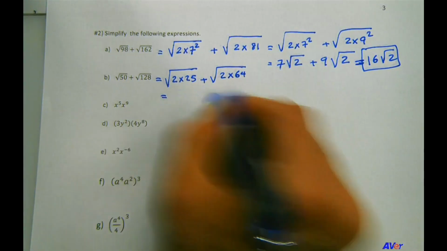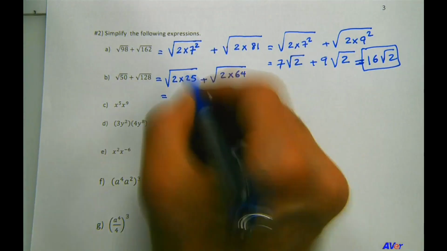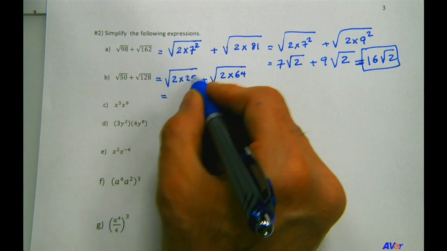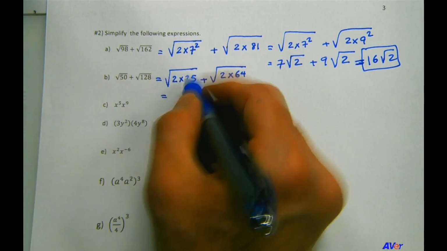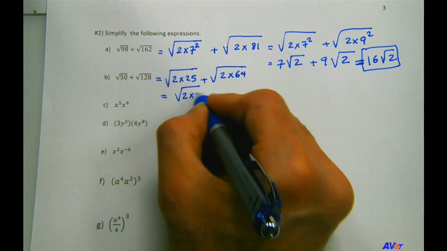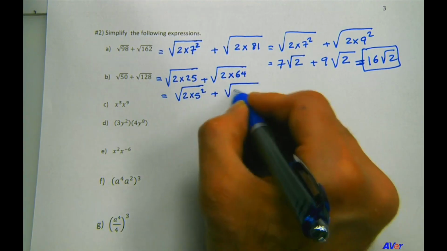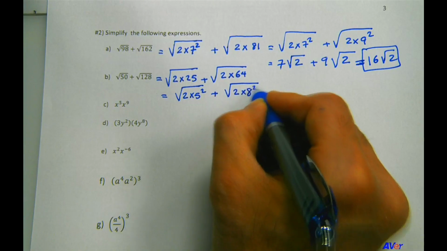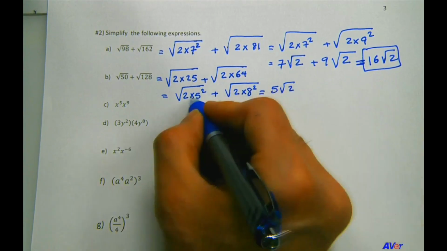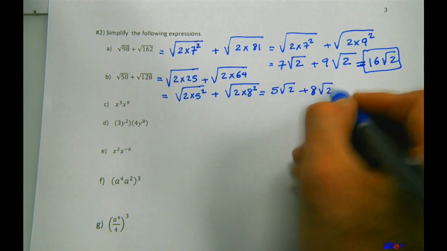So now we can rewrite the 25 and 64 as perfect squares. We like that because this is a square root. So anything to the second power can leave the radicand. So we have square root of 2 times 5 squared plus square root of 2 times 8 squared equals 5 square root of 2 plus 8 square root of 2.